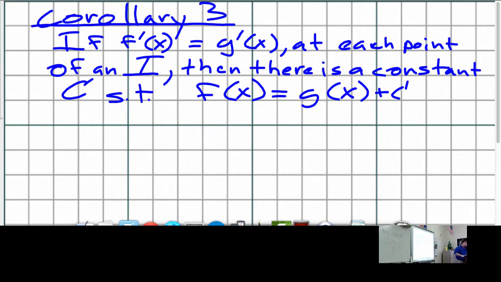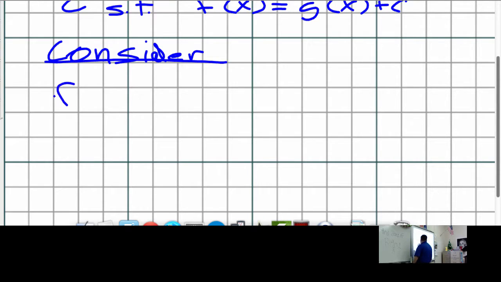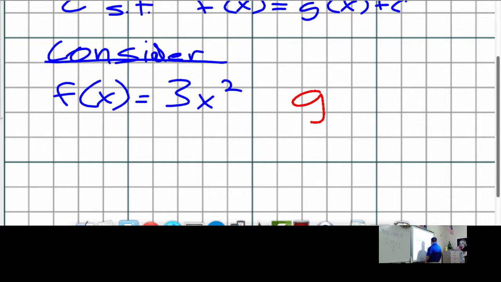And so what they're saying is that I could take two functions, and when I differentiate them, they're going to have the same derivative. Let me give you a practical example, and then we'll do example number 6. So consider f of x equals 3x squared, and g of x equals 3x squared plus 4.